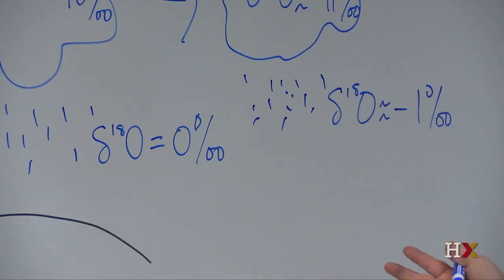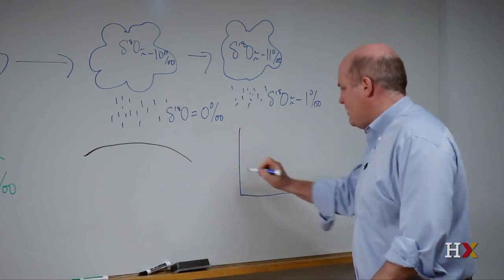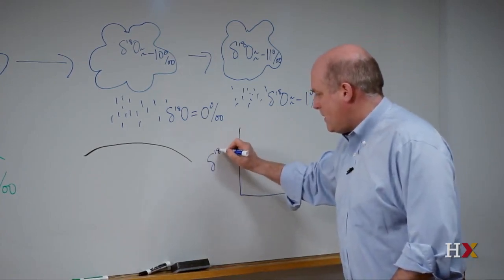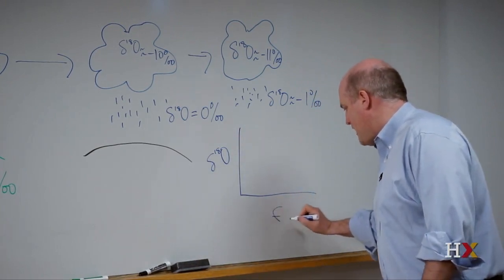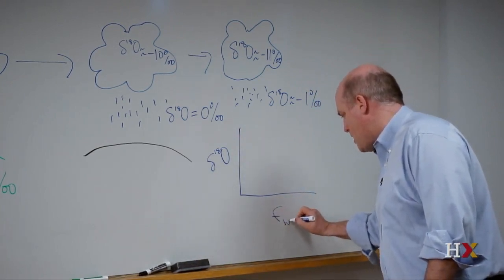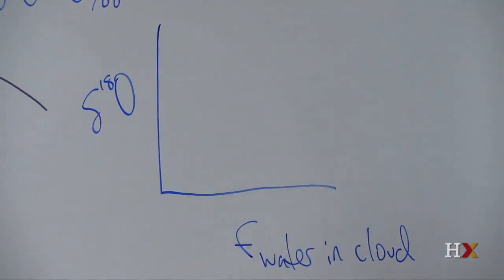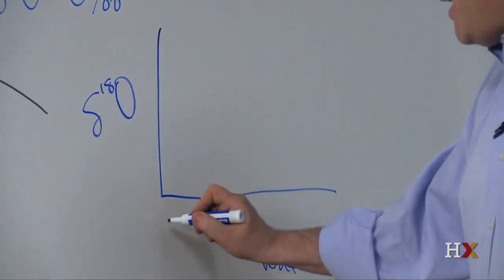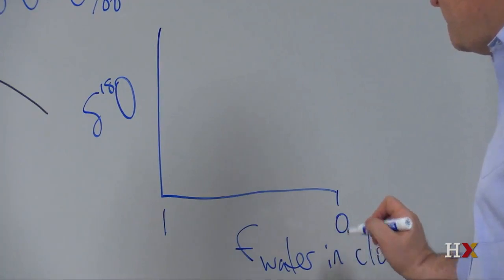We can describe this process with a simple graph that looks at the delta O18 of the water as a function of the fraction of water in the cloud. And we can think of that as going from 1 to 0.